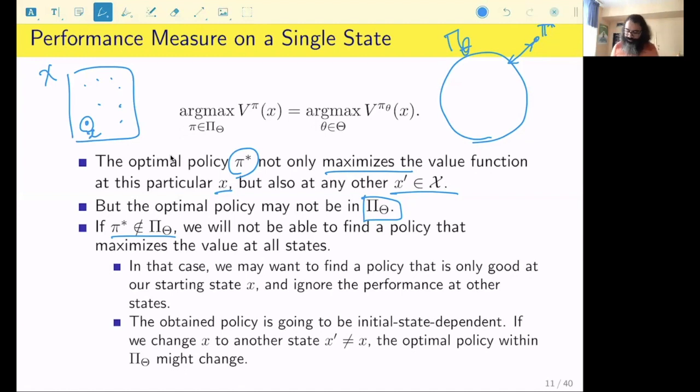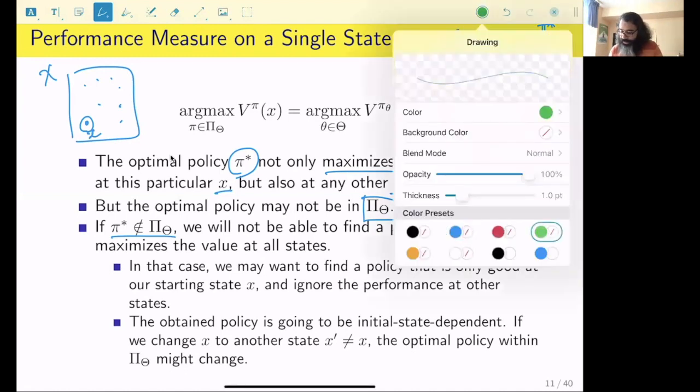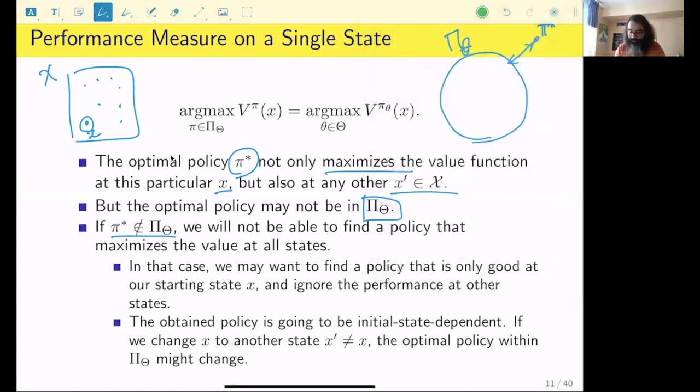Okay. So the consequence of this is that depending on where we choose the initial states, the policy that we find that optimizes this performance measure would be different. So if instead of that point, I start at that point, the green point at the top, then the best policy that we find in that policy space might be different.